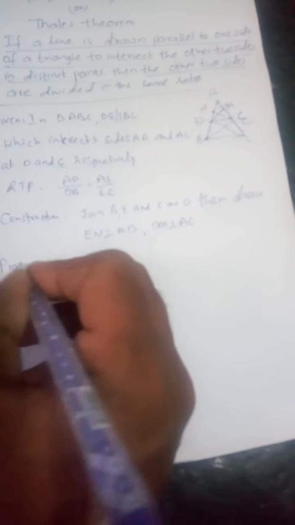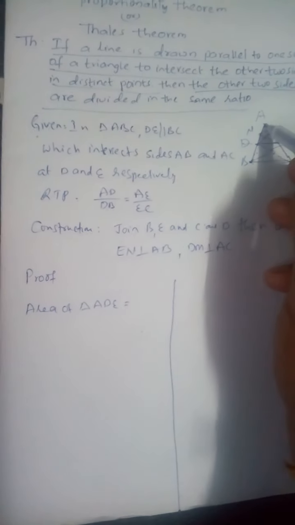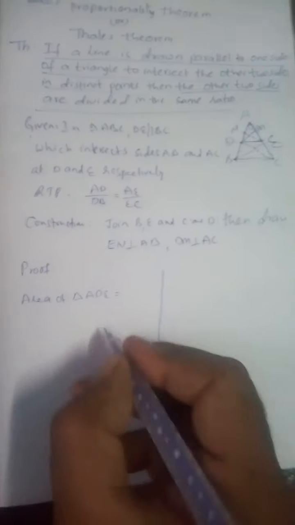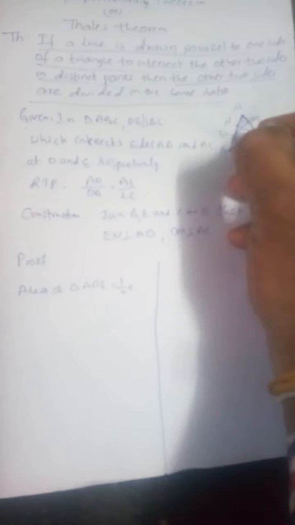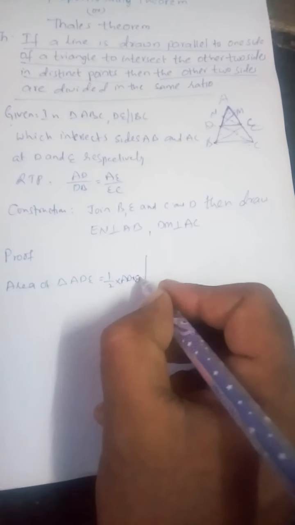Next, proof. Children, proof. First, area of triangle ADE is equal to half into base AD into height EN.